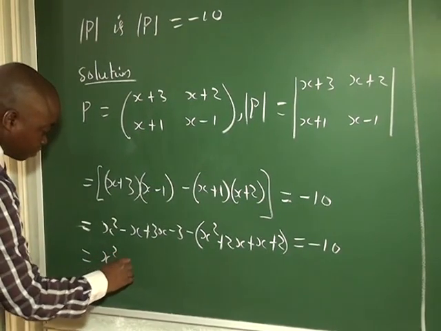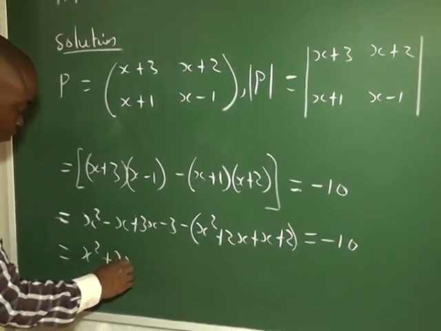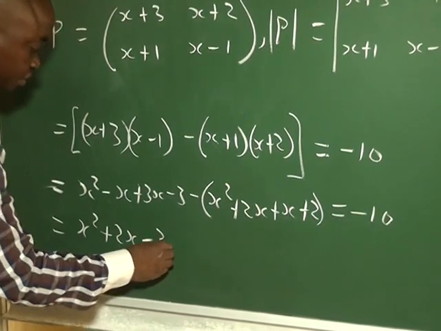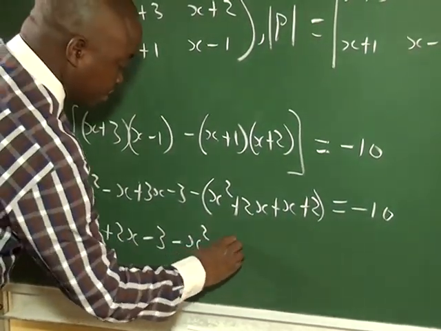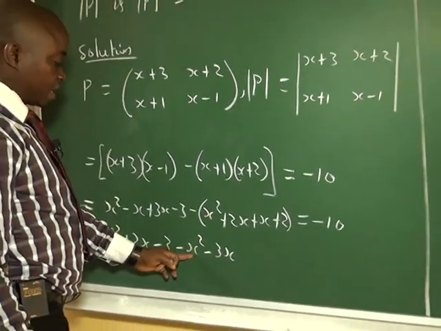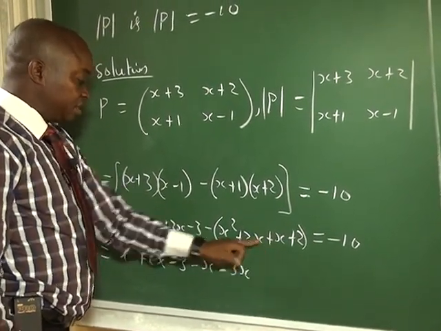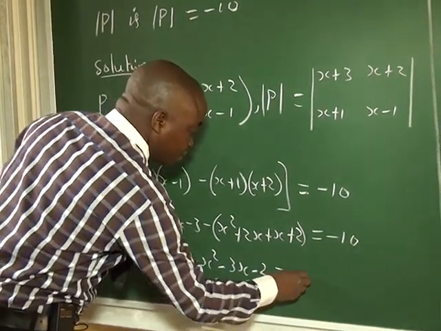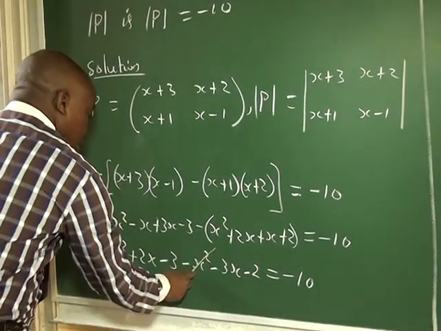Now we have x squared minus x squared plus 2x, that is minus x plus 3x, minus 3, minus x squared minus 3x, that is this times this gives us minus x squared. This time, because this is 2x plus x, which is 3x, it gives us minus 3x minus 2 equals minus 10.